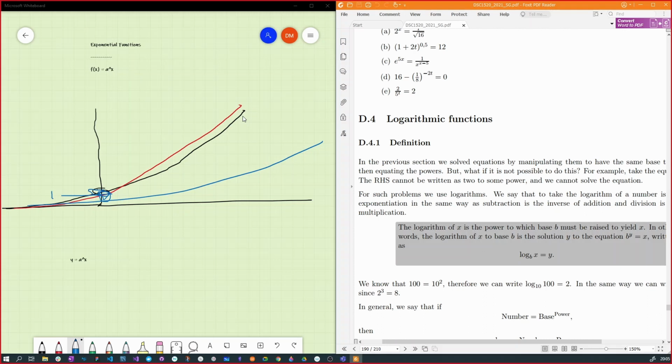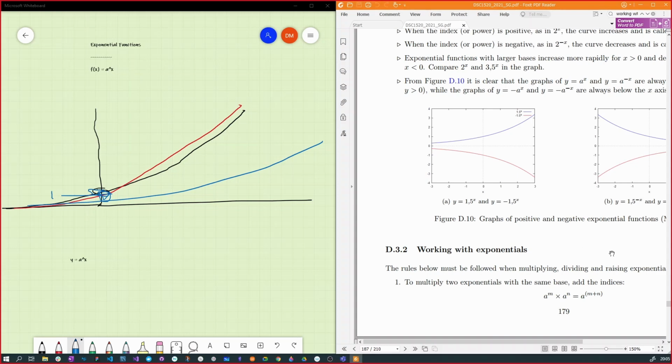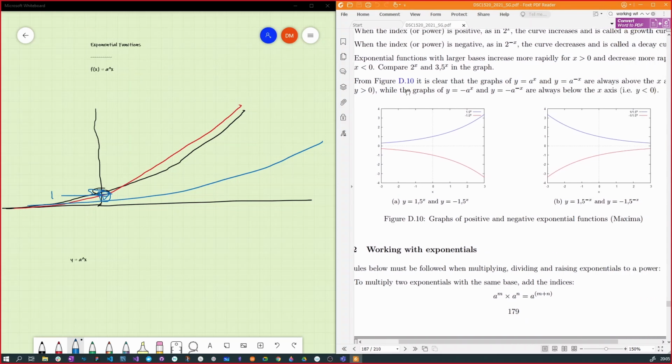But before we go there, there's three rules that you have to remember, and these aren't actually listed here on the page. But they give us some rules for working with exponentials. Ah, here they are.